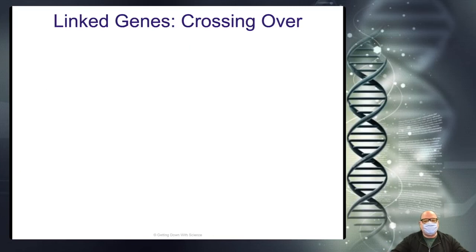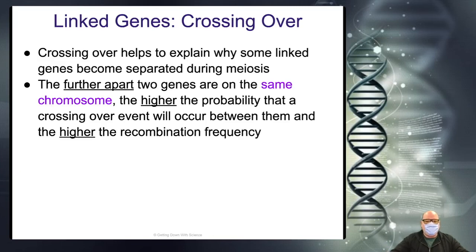Let's look at crossover a little bit deeper here. The farther apart two genes are on the same chromosome, the higher the probability that there will be a crossover, and the higher the probability there will be a recombination frequency of 50-50, okay?